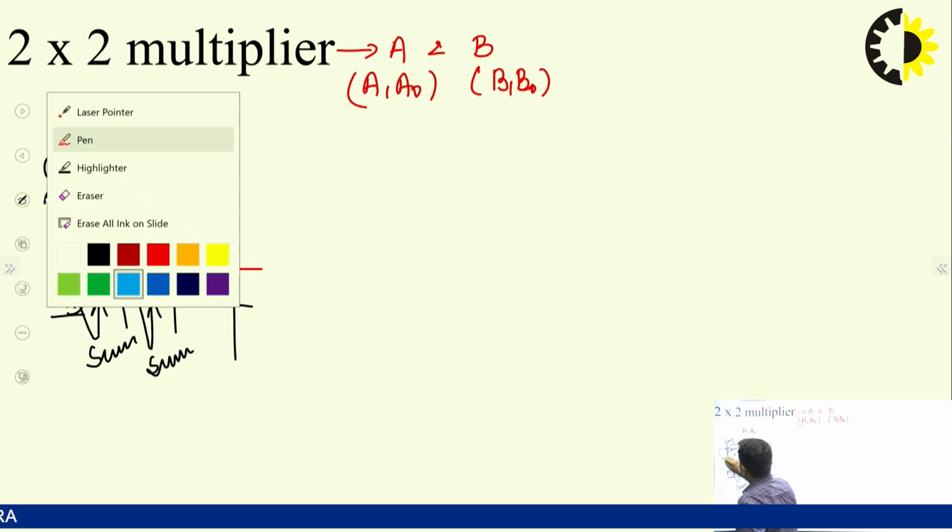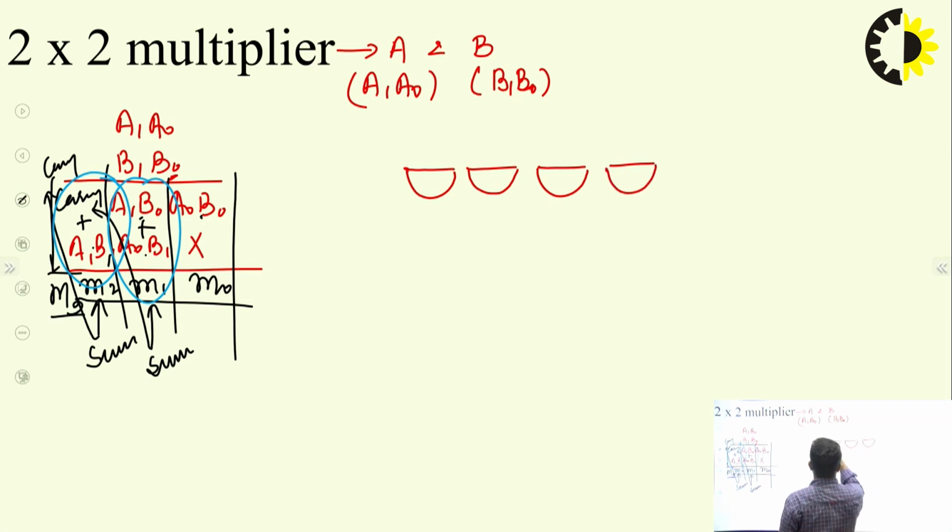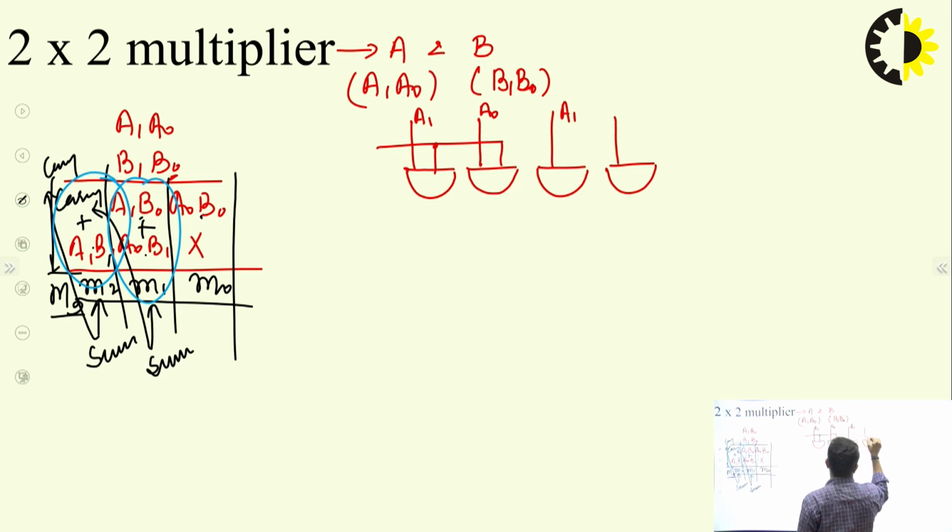Okay, so let's start designing this circuit now. First, preparing all the products. 4 AND gates are required. This is A1, this is A naught, and these are being multiplied with this, and similarly here as well, A1 and A naught.